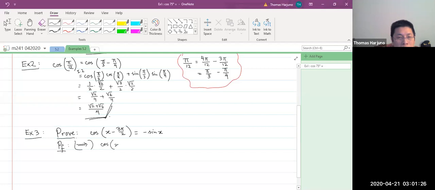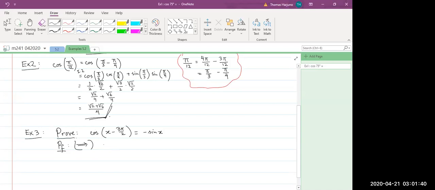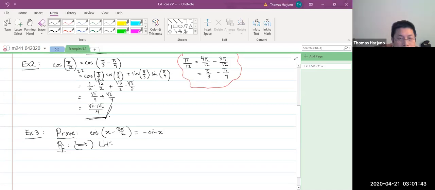Cosine of x minus 3 pi over 2 is, according to the formula, cosine x times cosine 3 pi over 2 plus sine x sine 3 pi over 2.